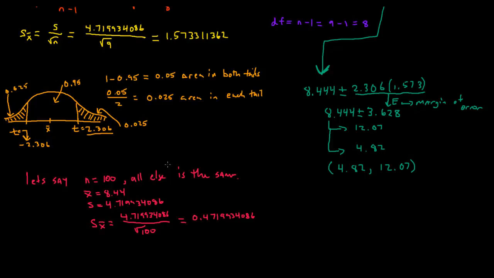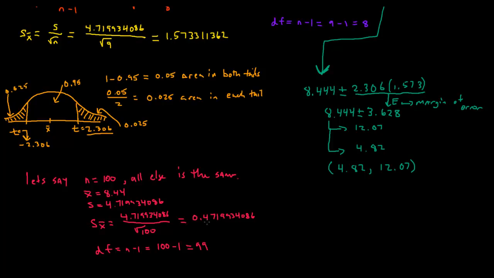Now let's see what happens when we look up our t-value. Because remember, t-values change depending on your sample size. So degrees of freedom here is n minus 1, which is 100 minus 1 equals 99.